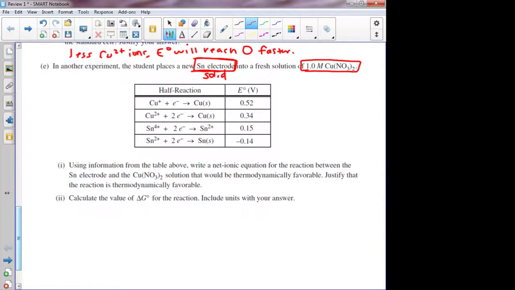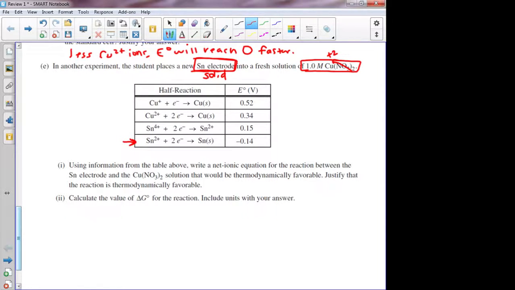How do I know this is copper 2? I do the opposite crisscross. So just that sentence right there should let me know which 2 of these equations I'm going to use. I am going to use this one.